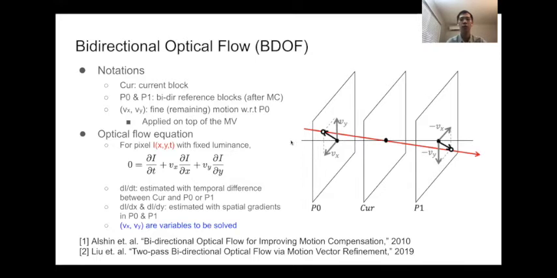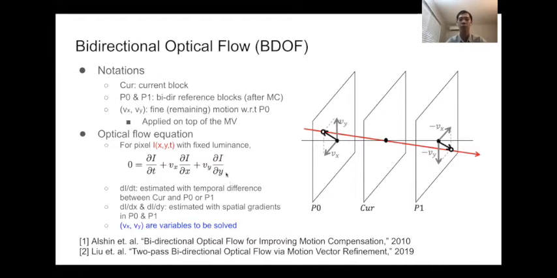Then the optical flow equation comes in that says Vx and Vy will follow this equation. And in practice, this temporal derivative can be estimated using the temporal distance between cur and P0, or between cur and P1. And those spatial derivatives could be estimated using numerical gradients in P0 or P1.